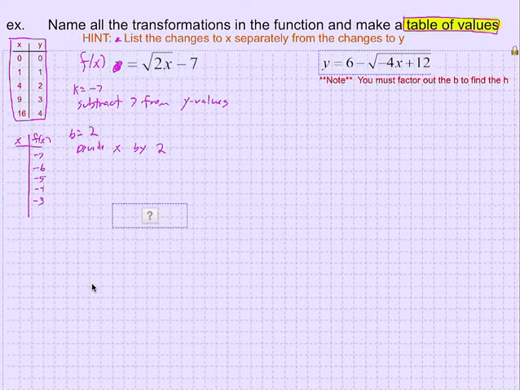Notice how nice and orderly they are? If the y values start out nice and orderly, and all I'm doing is adding or subtracting to them, they're still going to be in a nice, simple, easy to identify counting pattern. And for the x values, I'm going to divide them all by 2. 0 divided by 2, 1 divided by 2. I'm going to stick with fractions.